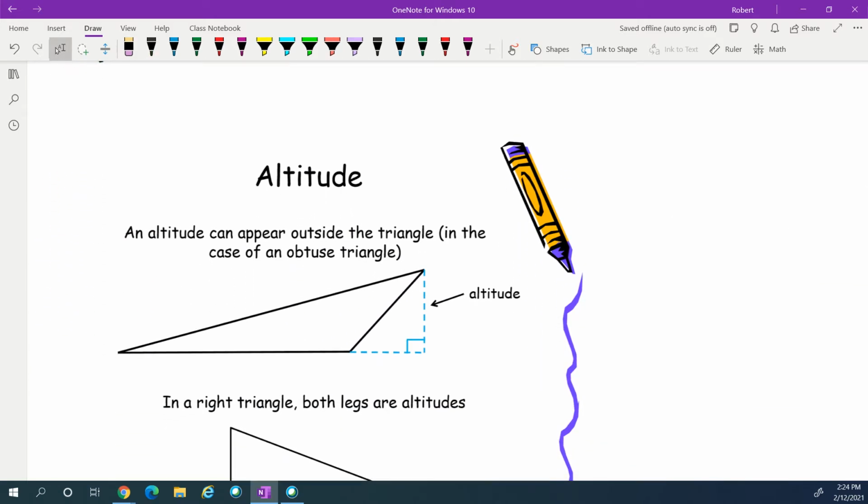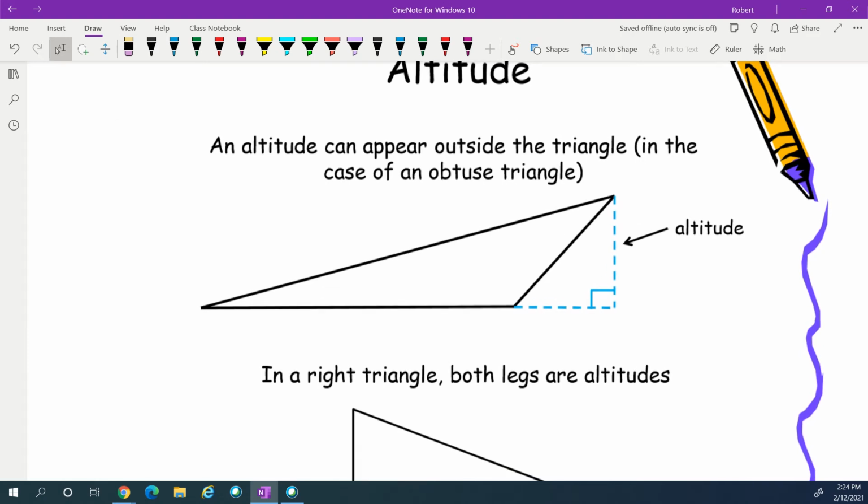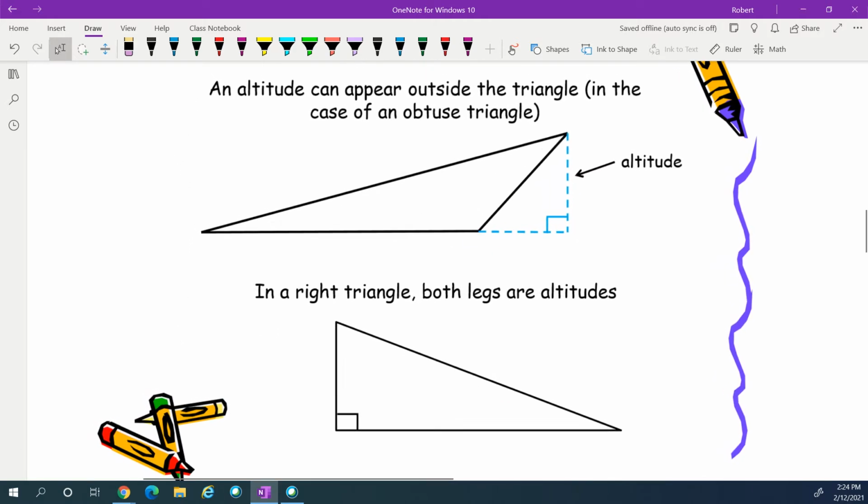Now, here it is again. An altitude can appear outside the triangle. It only happens with an obtuse triangle. We also want to recognize that in a right triangle, both legs fit the definition of an altitude.